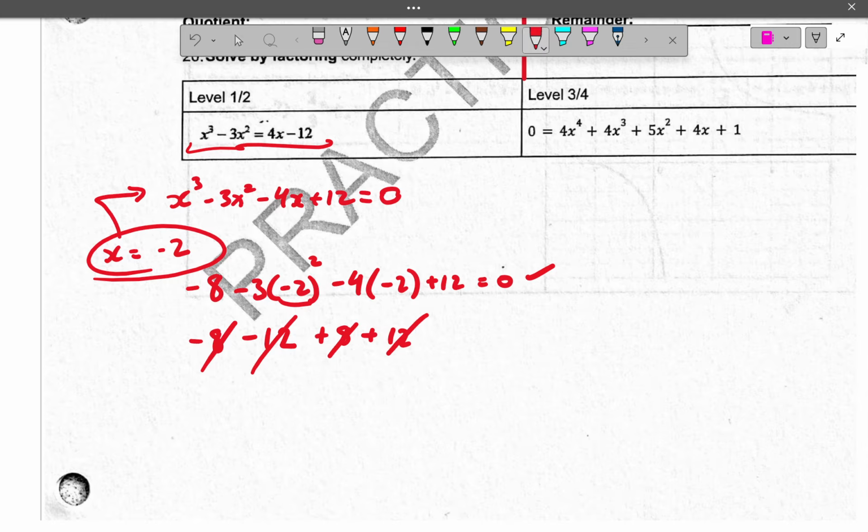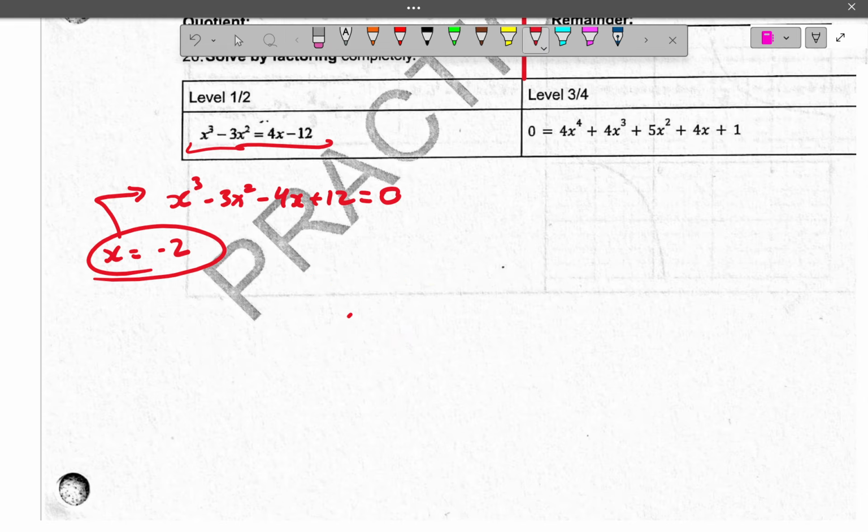So let's work with that. I could divide the original function by x plus 2.